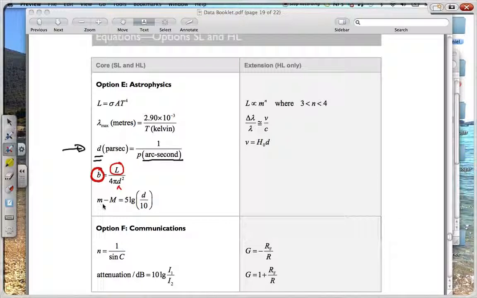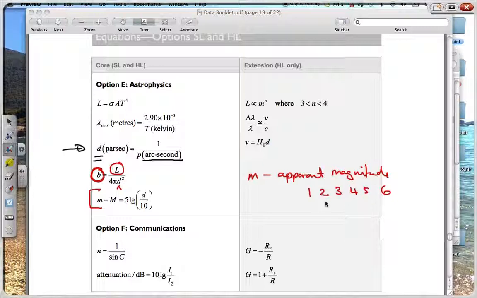And in here we have our following formula. Looks a little bit complicated, but not too complicated. This m is the apparent magnitude, and this is, as we have discussed, the scale, where 1 is your brightest star that can be seen with the naked eye, and 6 is the dimmest star that can be seen with the naked eye.